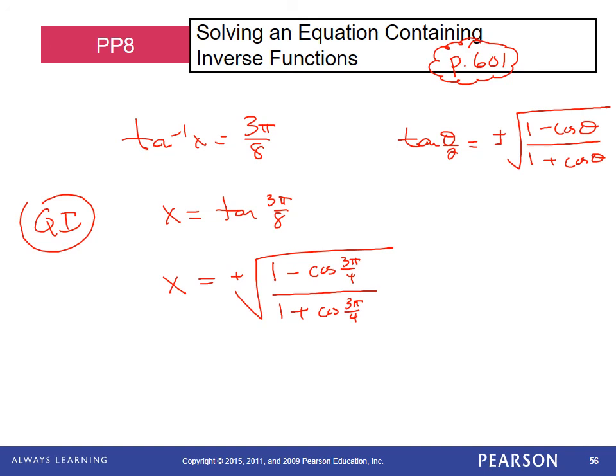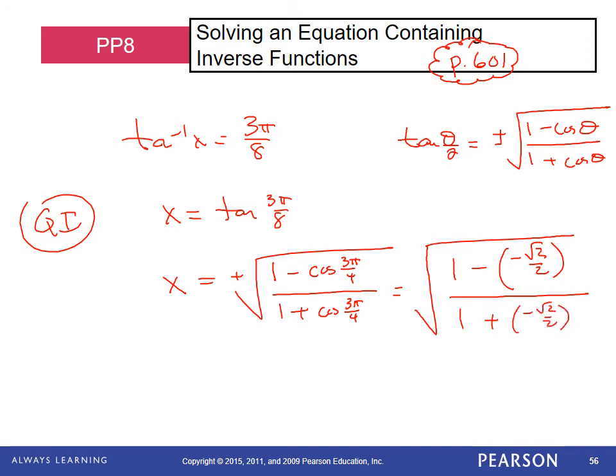All right, anybody, what is cosine of 3 pi over 4? Anybody have it? We're in quadrant 2. It is a 45-degree reference angle. So negative root 2 over 2. A little bit of work here just to simplify this out.